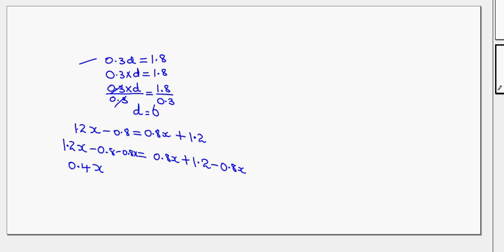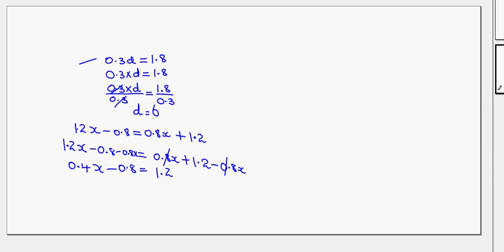Right? Just think of the numbers first. 1.2 minus 0.8 will give you 0.4. You can put it on your calculator. And because it has x attached, you leave the x there. Then minus 0.8 is equal to the 0.8x, and the minus 0.8x will cancel. That's what we wanted. That's why we did it.